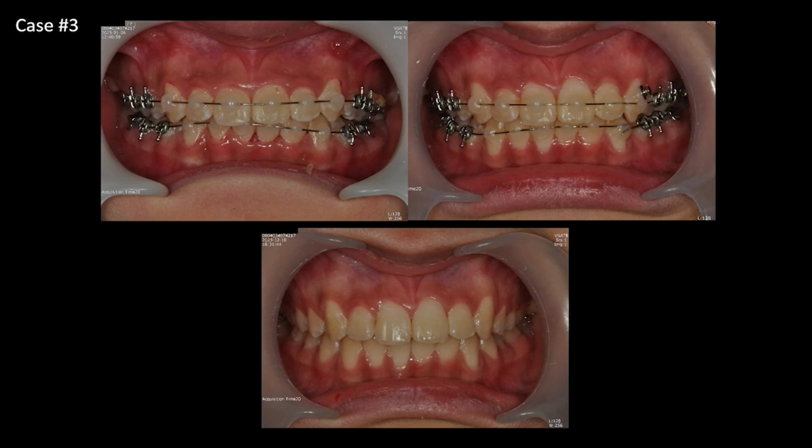The lower midline moves to the right side and lower cant of occlusal plane was corrected. These cases demonstrate that traditional intermaxillary elastics are an effective tool for midline correction when accurately diagnosed in 3 dimensions, only when the associated side effects are adequately appreciated.